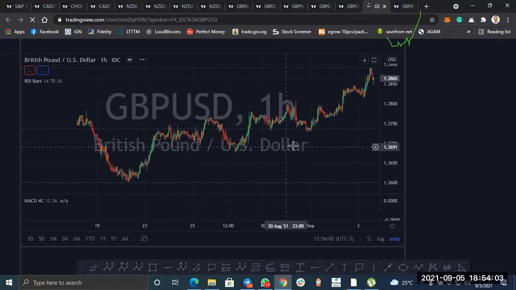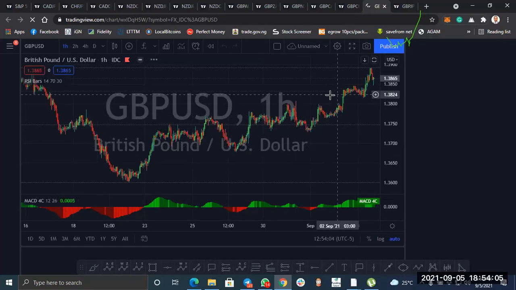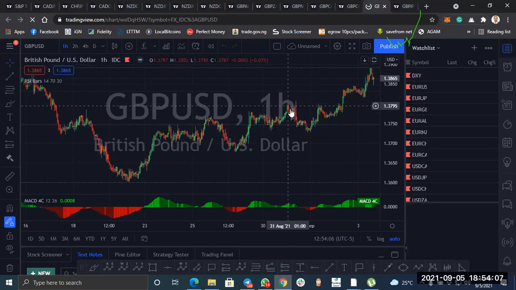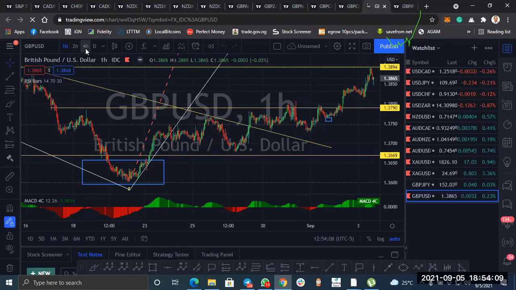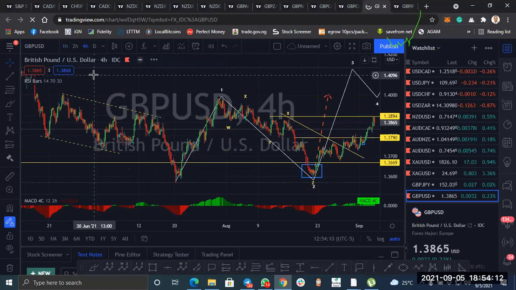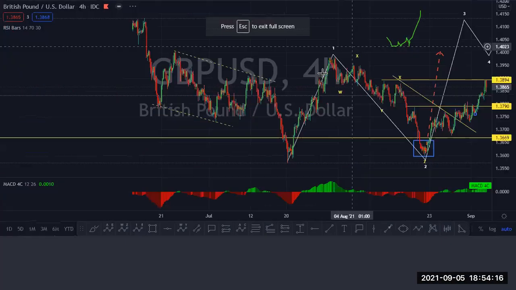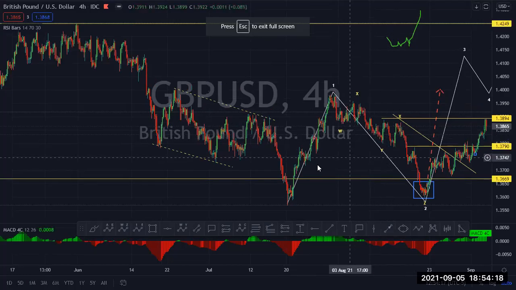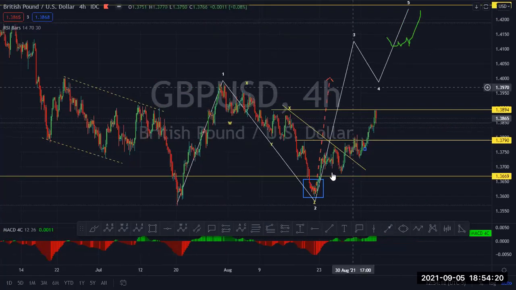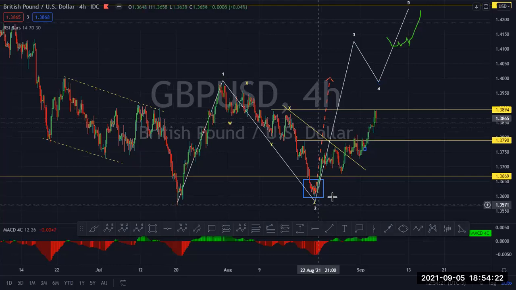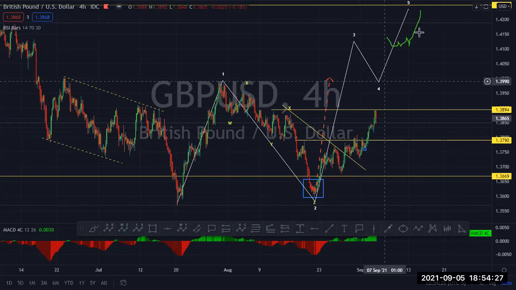Pounds USD is buying, and the buying is strong. Okay, now what is the next thing we do? Remember last time I told you that this is a deep wave 2, and that we are going to get wave 3, 4, and 5.